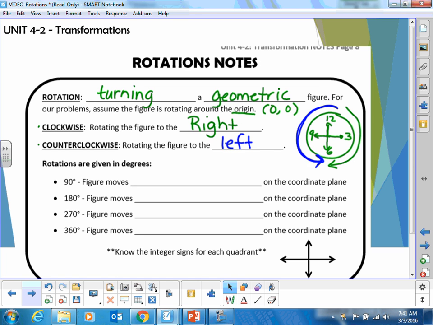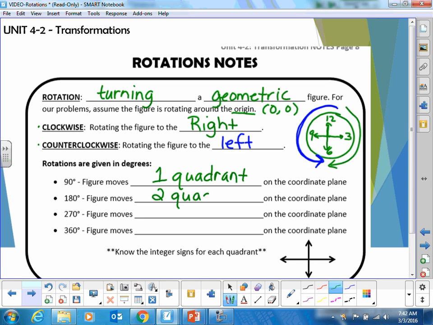As I said before, when you are rotating, if you go 90 degrees, remember with our coordinate plane we have quadrants. At 90 degrees, the figure is going to move one quadrant, or 15 minutes if you're thinking of the clock. 180 is going to move two quadrants on the coordinate plane.